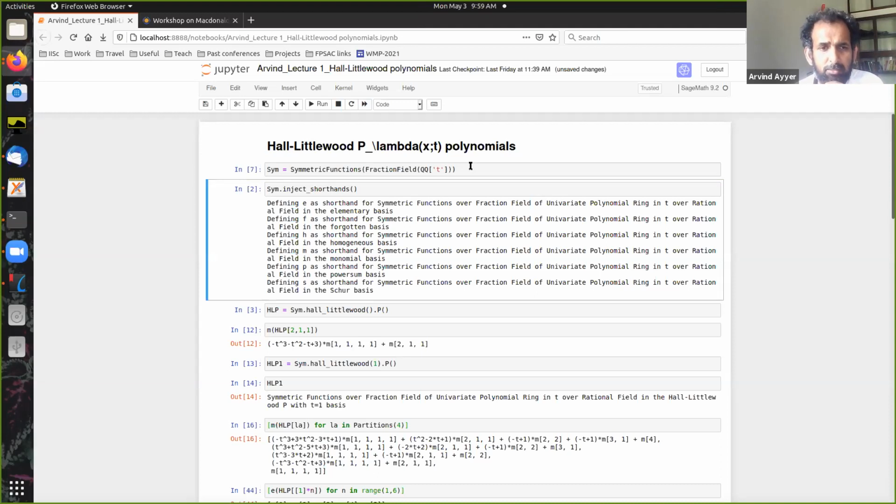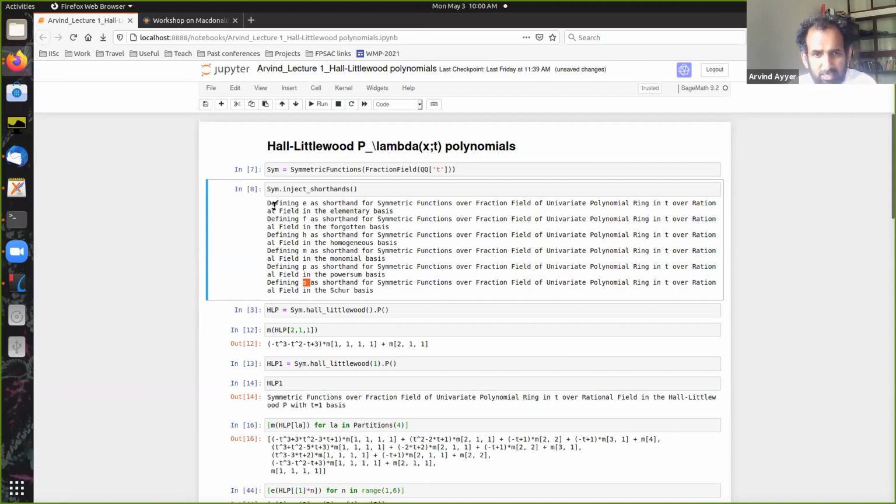There's a very useful command in Sage to simultaneously define all the basic symmetric functions in one shot: the elementary, the forgotten ones, which you don't need to worry about, the complete homogeneous ones, the monomial ones, the power sums, and the Schurs.